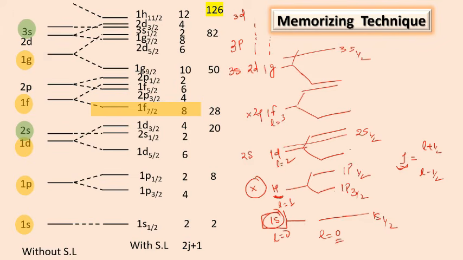For D we have 1d5/2, 1d3/2. For F, there is a sufficient energy gap and this shell will be considered alone. So here is 1f7/2, 1f5/2. And 2p will be considered here.